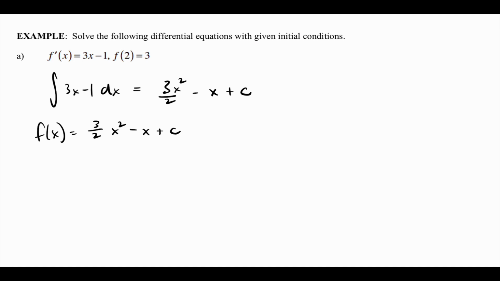They said, hey, when I plug in 2 to f, I'll get 3 as an answer. So let's plug in 2 for f. I already know what I should get as an answer. 3.